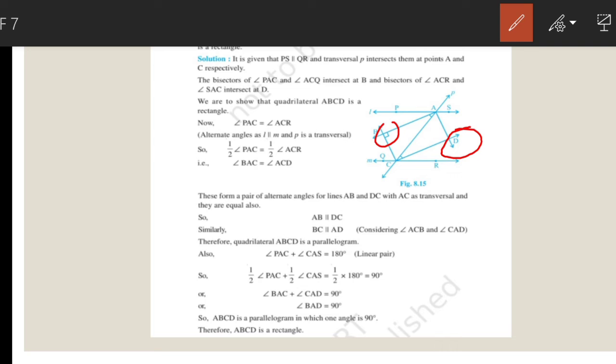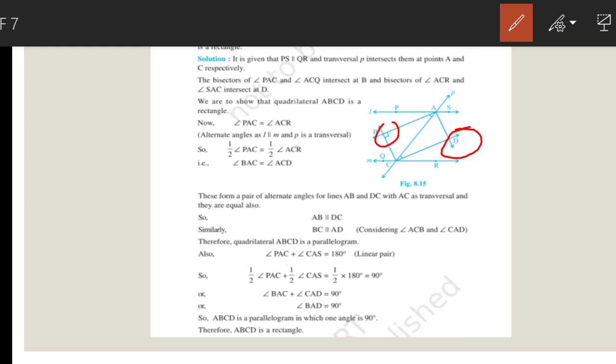It is given that PS, that is the line L, and QR, that is the line M, and the bisector of angle PAC and ACR intersect at B, and the bisectors of angle ACR and SAC intersect at D. Just what I have said. We have to show that the quadrilateral ABCD is a rectangle.